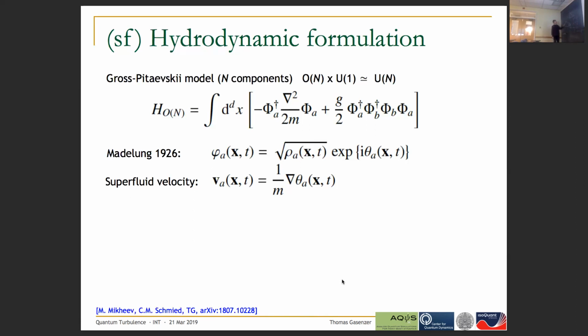The problem is that these occupation numbers here are very large. So typically you would say, I cannot do the calculation because this is way beyond weak wave turbulence. You have actually strong wave turbulence because the occupation number multiplied with the coupling is too large and this simple kinetic approach breaks down.